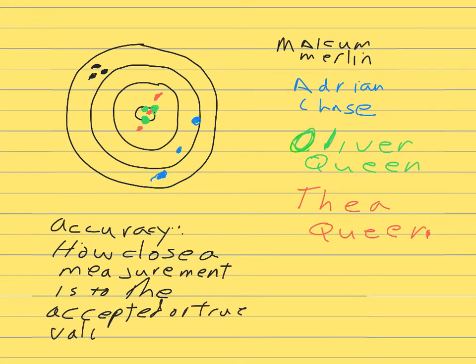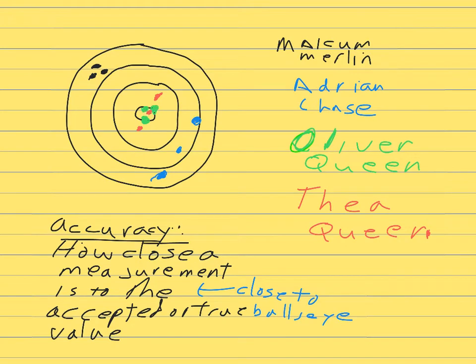In other words, how close the arrows are to the bullseye. If we look at our archers, we can see that 2 of them wound up fairly close to the bullseye. Our Oliver Queen here got all 3 shots in the bullseye, and then Thea Queen, she got 1 shot in the bullseye and then 2 really close by it.